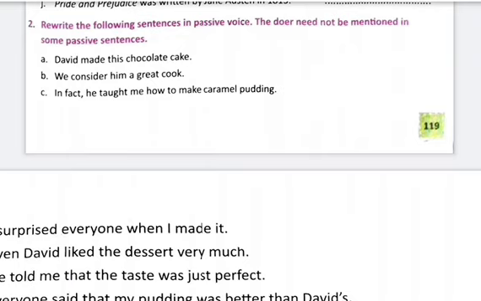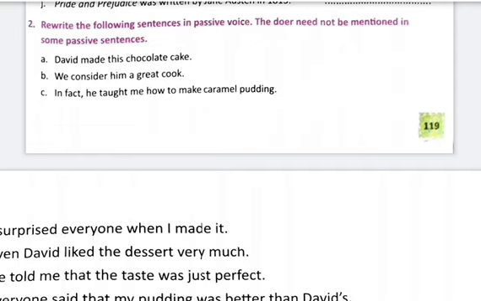So be verb singular number we will be taking. Now this chocolate cake was, and the past participle form of make verb is made only. This chocolate cake was made by David. I repeat again, the passive form of this sentence will be: this chocolate cake was made by David.